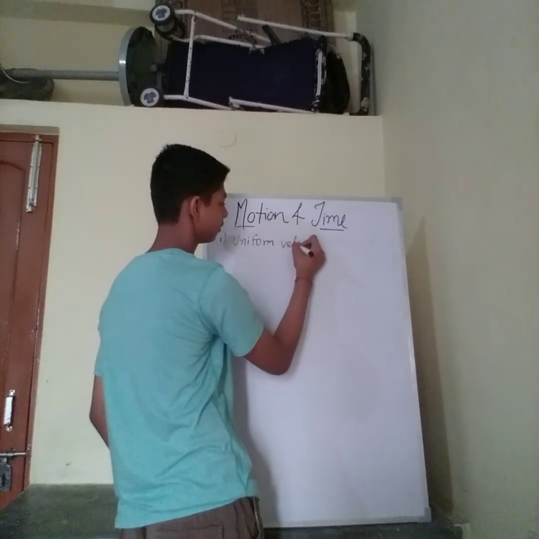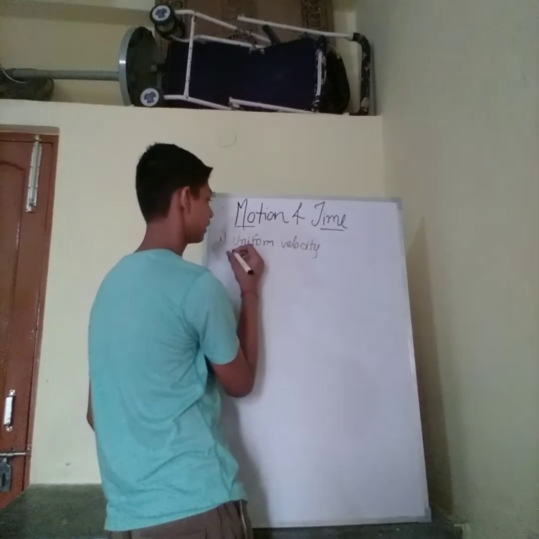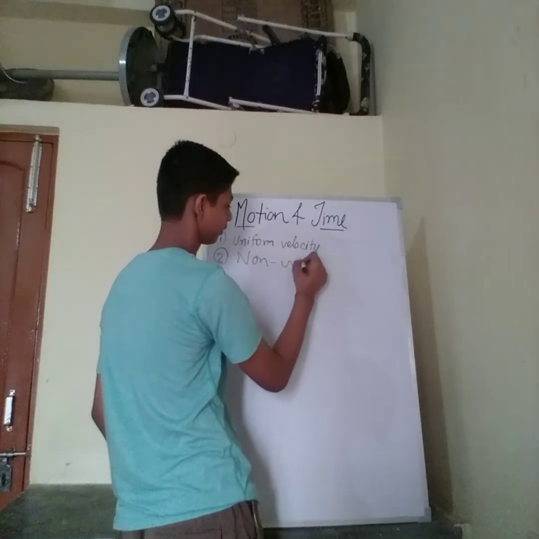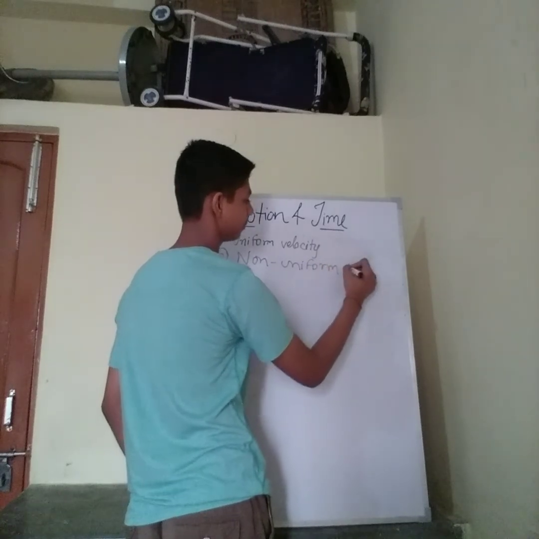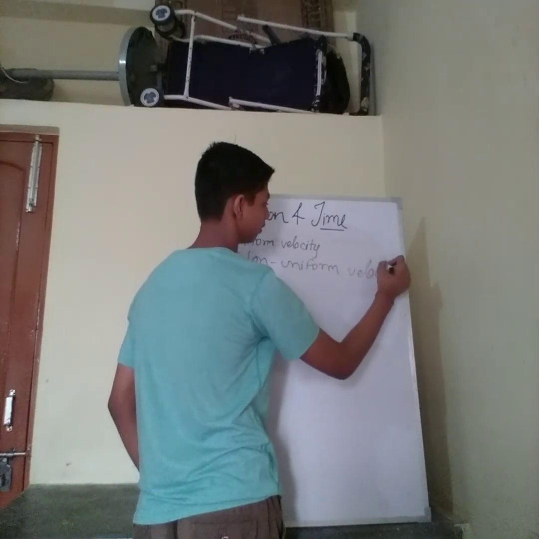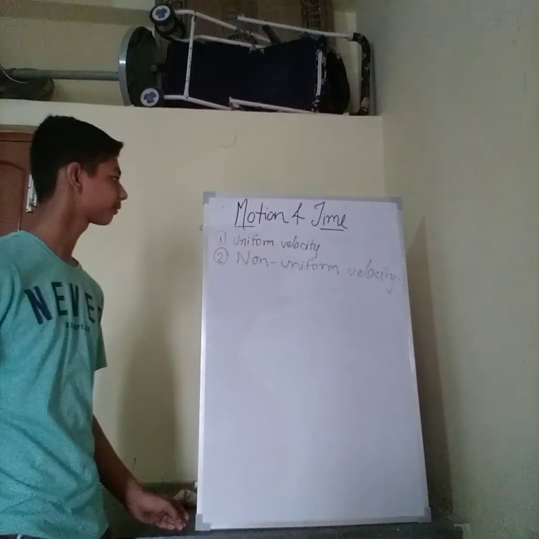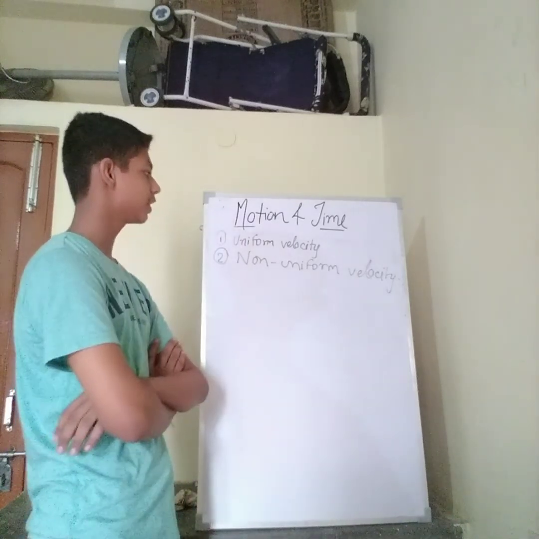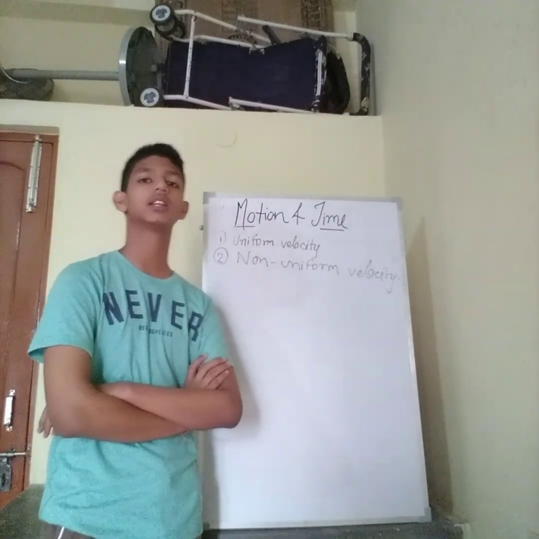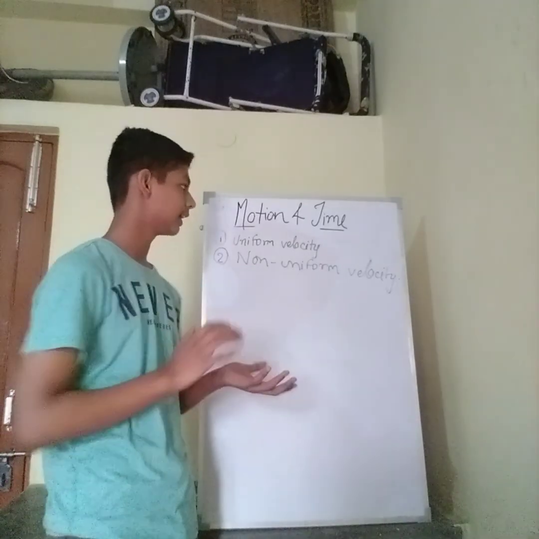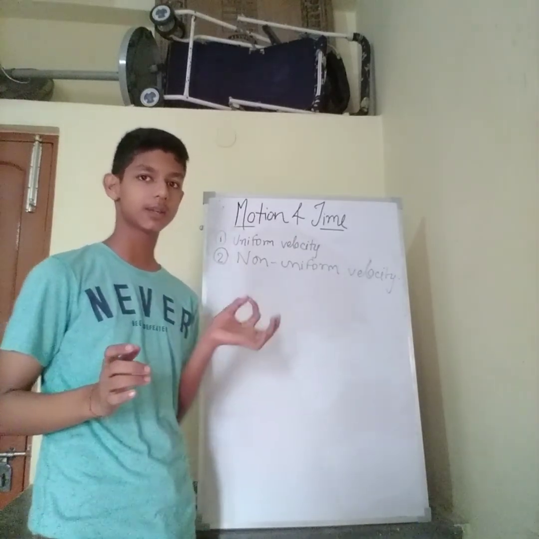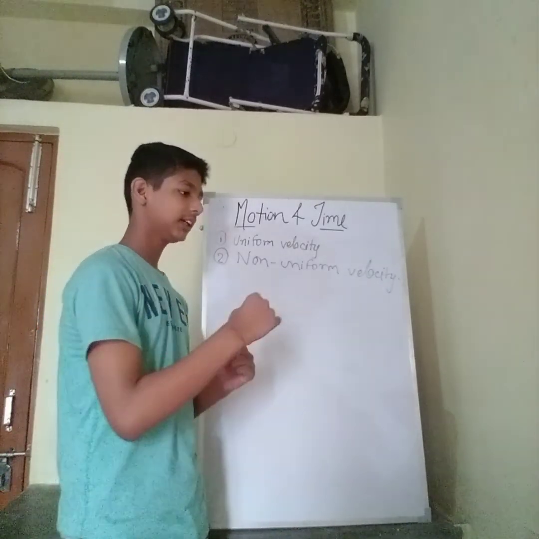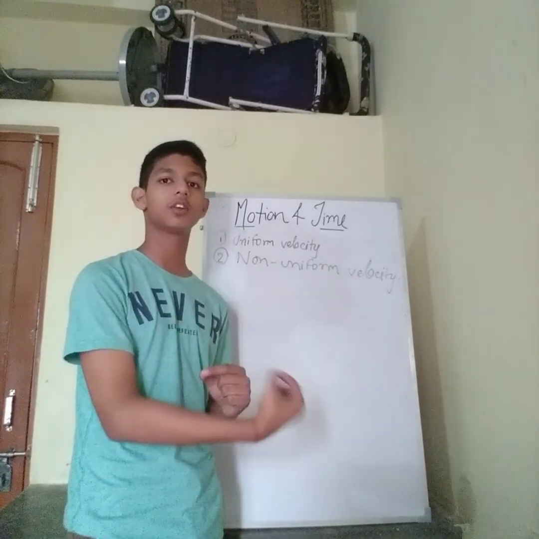Uniform velocity is like uniform speed, but something here is different: an object is covering equal displacement in equal intervals of time.